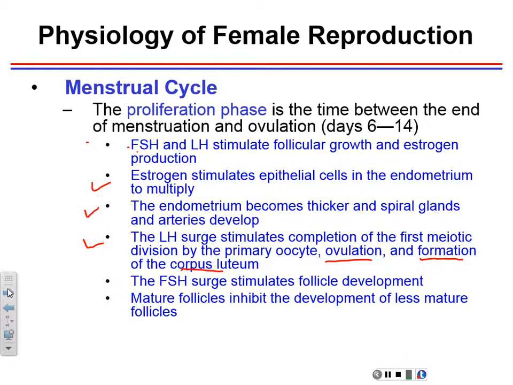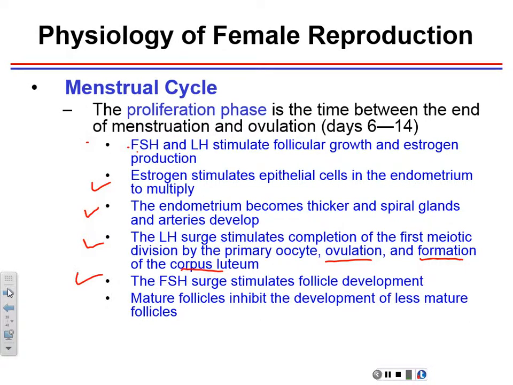It stimulates the finishing of meiosis 1, so that it's now arrested in metaphase 2, starting the second meiotic division but not finishing it. Then it causes ovulation itself. And then it also causes formation of the corpus luteum. Remember, once the egg is released, you have those follicular cells that were building up. So it's LH that does that.